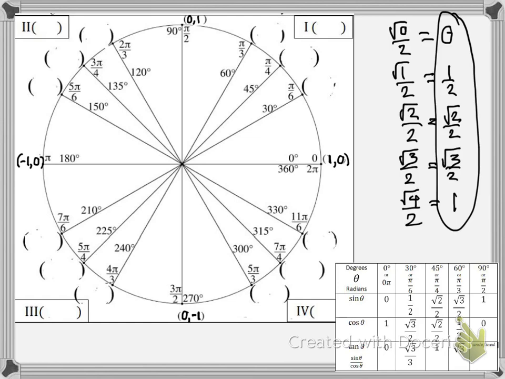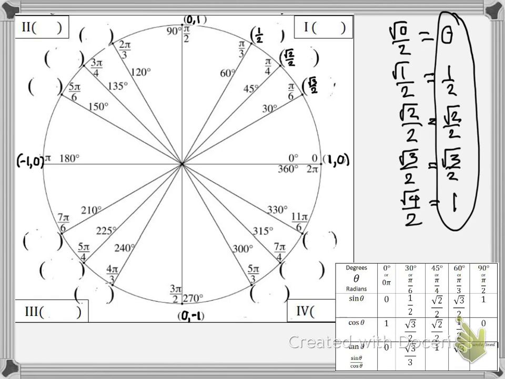Let me look at quadrant 1. At the top, right there, it gives me 0 for my x. So my x's are going to go 0, 1/2, root 2 over 2, root 3 over 2, and down to that 1 that I already know.